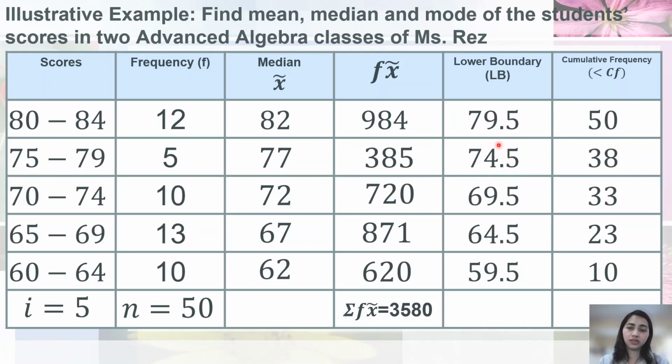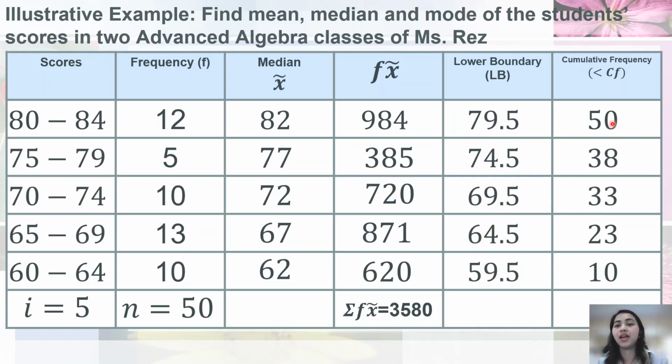Look at this one: 79, remember that this is always 0.5 because we subtracted 0.5 from the boundary. So we have 79 minus 5, 74 minus 5, 69 minus 5, 64 minus 5, then we will have 59.